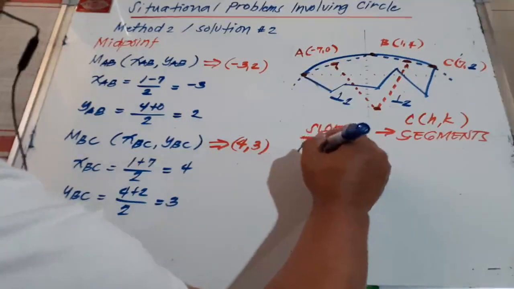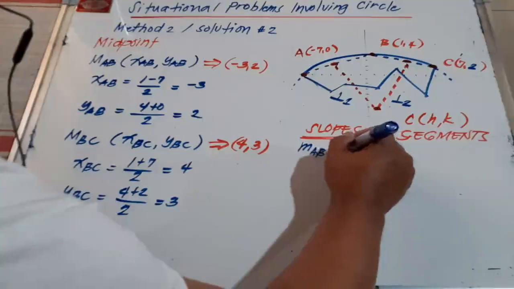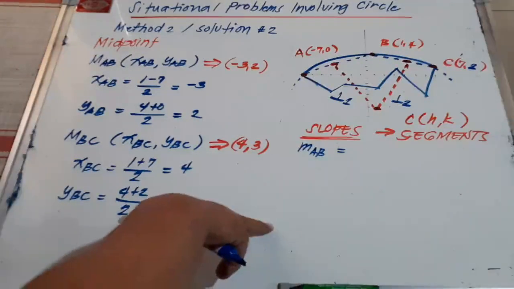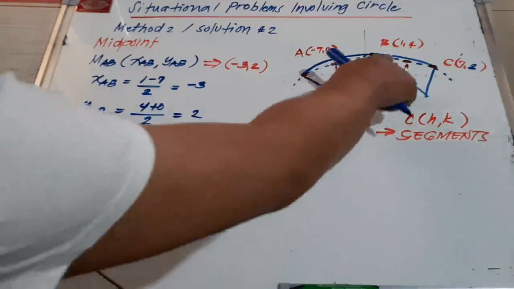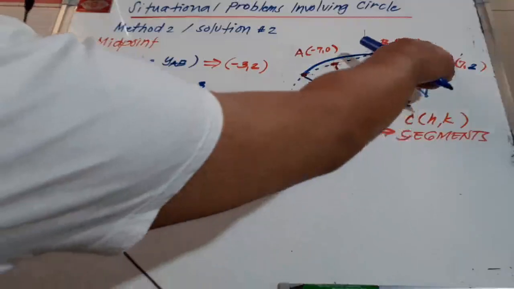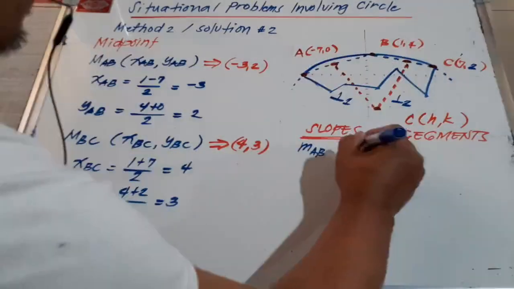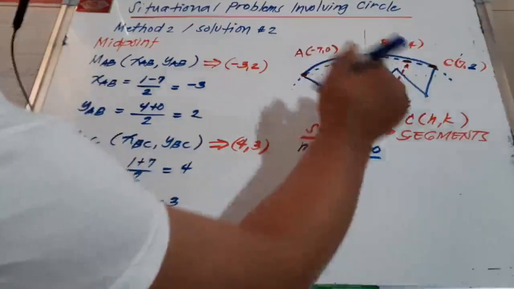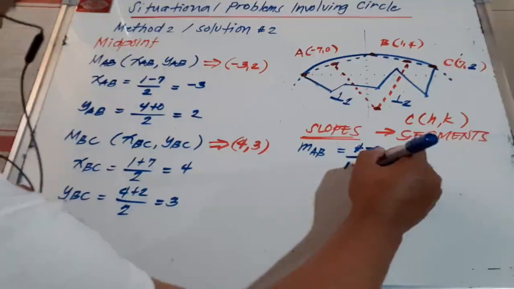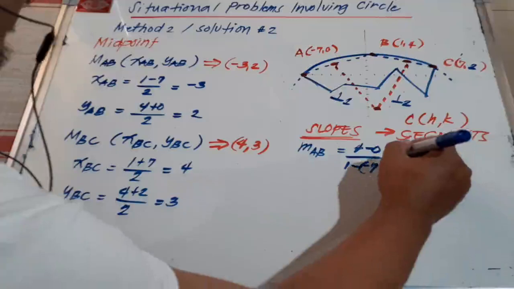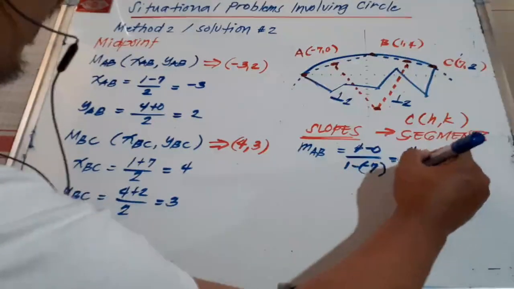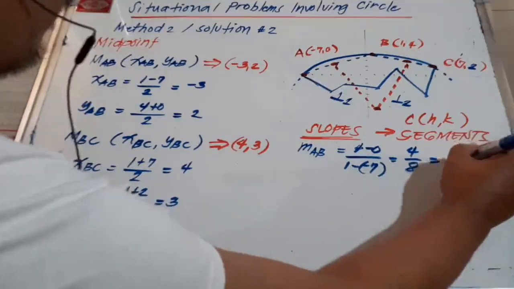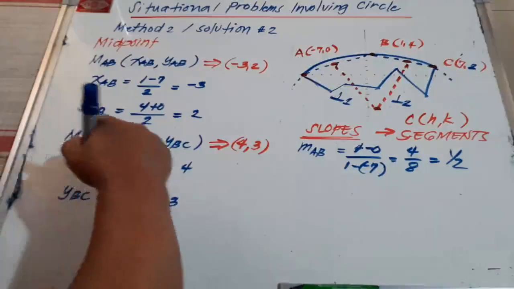We have M sub AB. Ang slope natin is difference of the ordinates divided by the difference ng ating abscissas. So, we have ordinates muna. 4 minus 0, all over 1 minus negative 7. 1 minus negative 7, so we have 4 over 8. The slope of that chord or segment is 1/2.